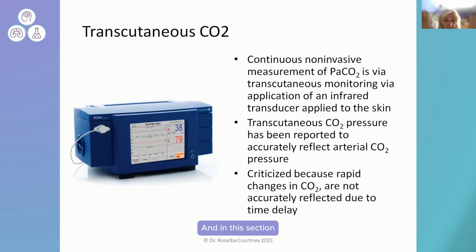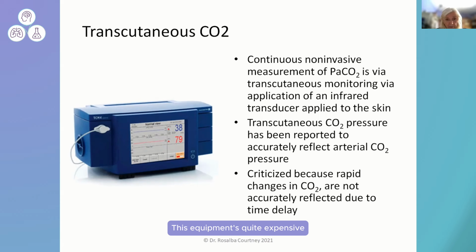And in this section, we're going to be talking about some different equipment. So one of the ways to measure carbon dioxide is transcutaneous measurement, which means that you're actually measuring CO2 through the skin. And there is equipment out there that will tell you what the CO2 level in arterial blood is from skin measures.